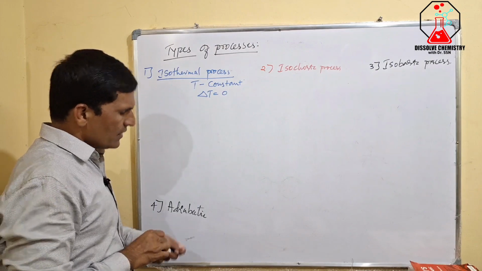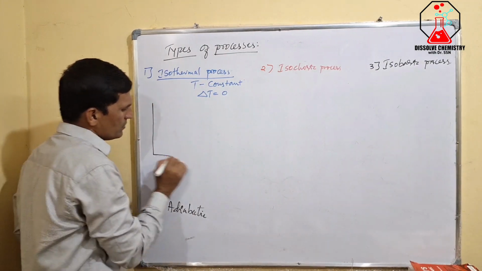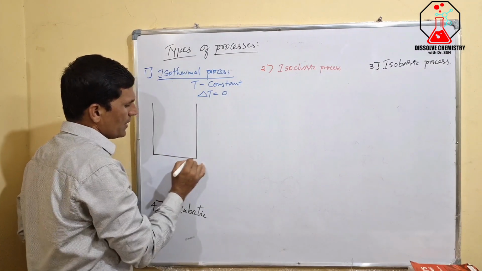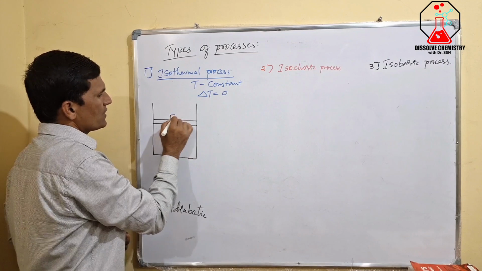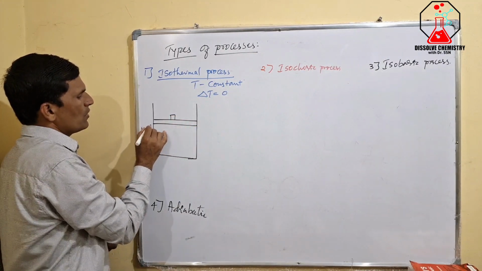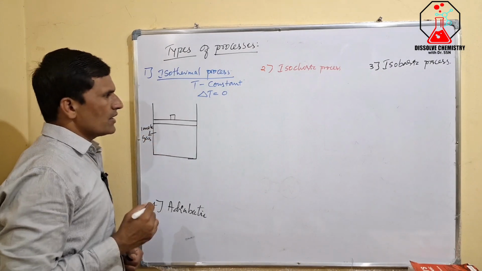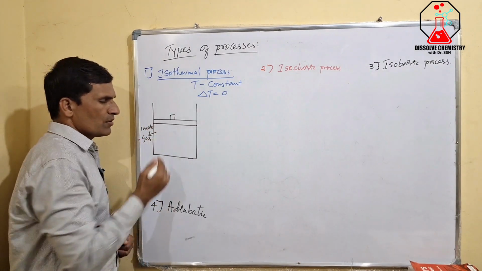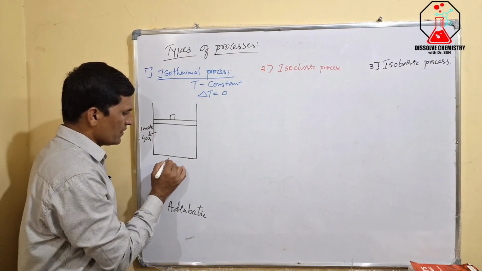To understand this, let us consider a system containing diathermic walls, fitted with a weightless frictionless piston, and confined with 1 mole of ideal gas. Let us try to understand how the internal energy is going to vary in this case.